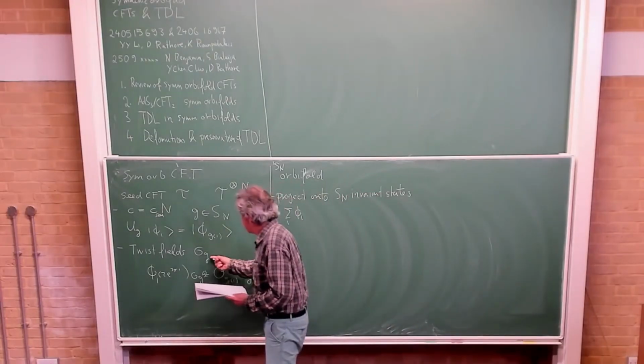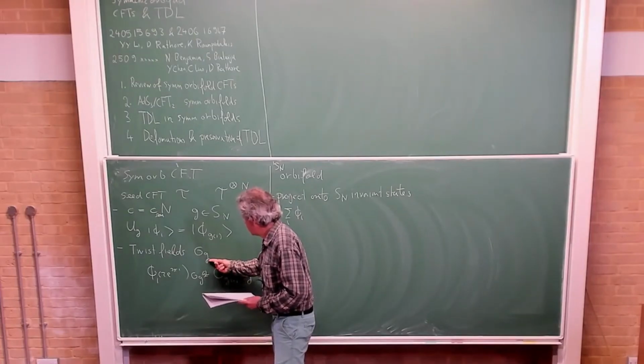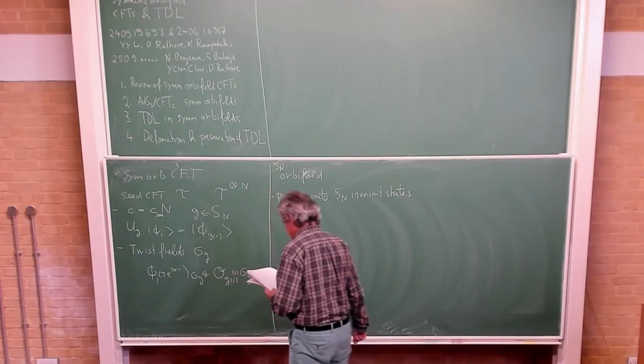Something also happens to the twist fields. Obviously a choice of G would not be Sn invariant.